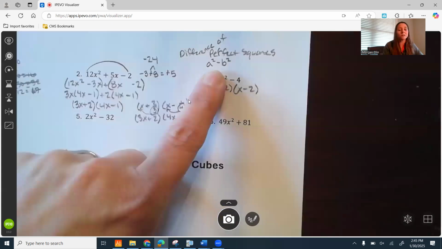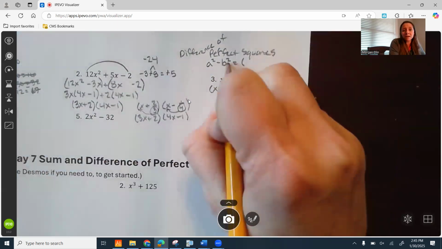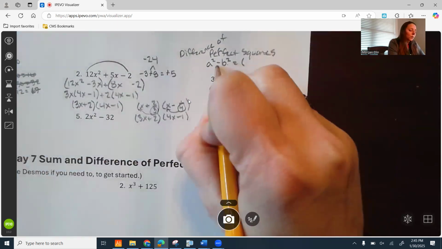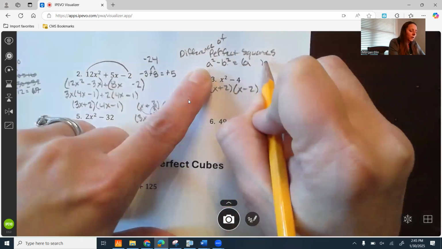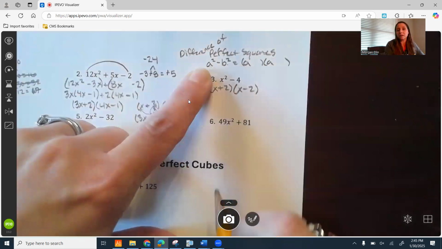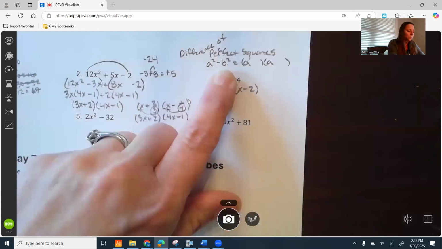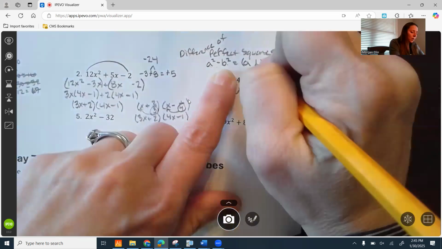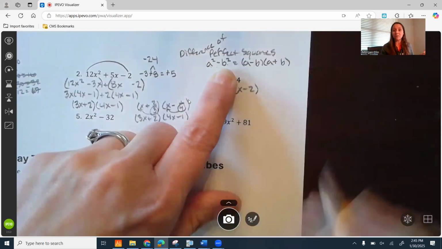We'll talk about when it's plus in a second. If it's minus and you recognize both of these are perfect squares with a minus in the middle, you would take the square root of a squared, which is a, and put it in the 2 parentheses at the front. The second one is b squared. Take the square root of b squared, which is b. One's a plus, one's a minus. It doesn't matter which one's which. And that's how it factors.